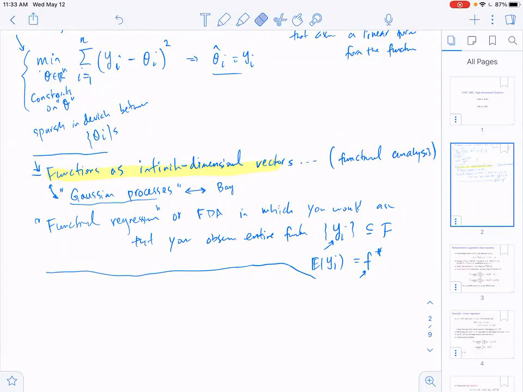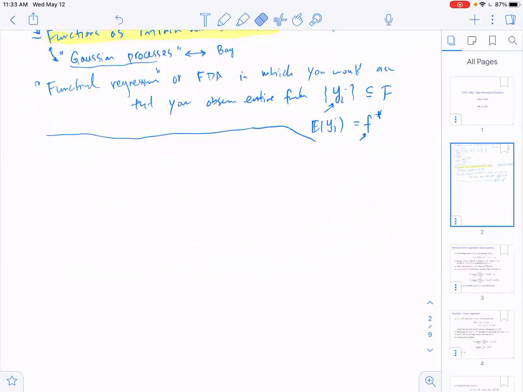So let's do this. Non-parametric regression: functions as infinite dimensional vectors.